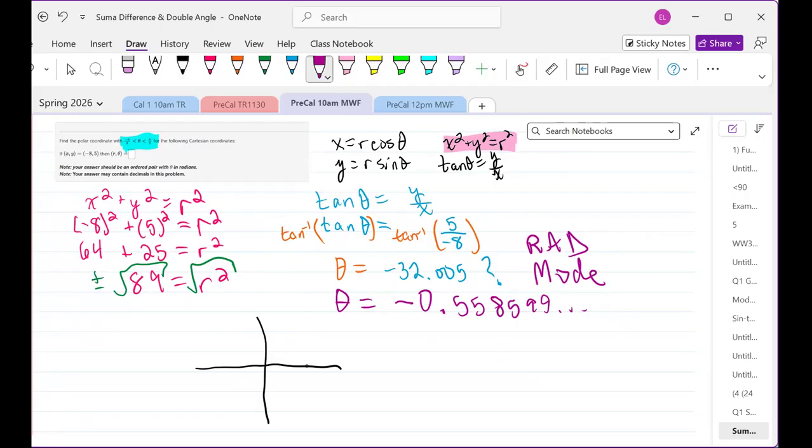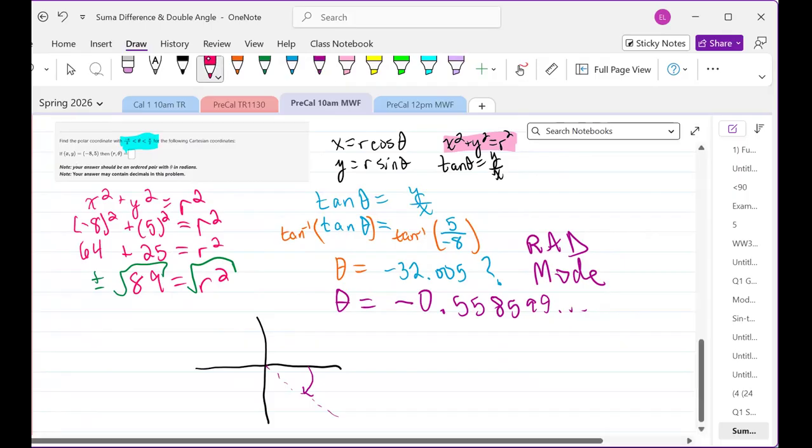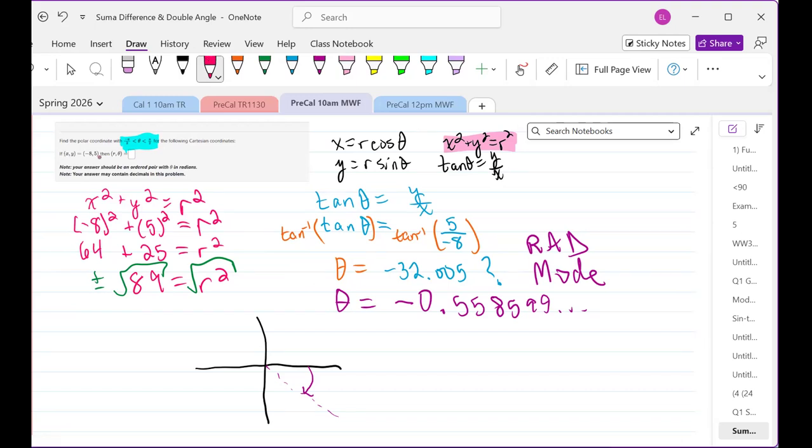So -32 degrees is somewhere in quadrant 4. But where is the ordered pair that they gave us? Yeah, -8, 5 is in the second quadrant.